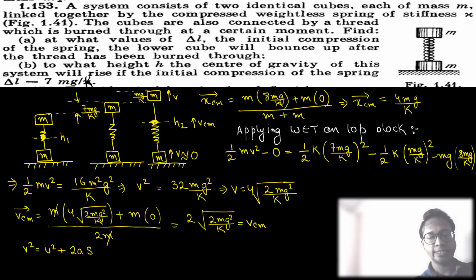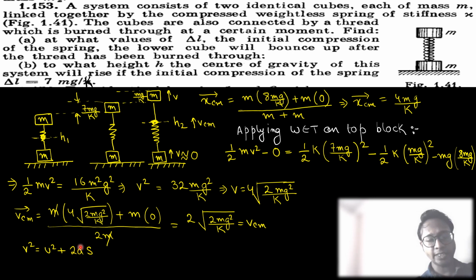S is the height the center of mass rises from here. See, if I multiply this entire equation by half m, I get half m v square, half m u square, and half into 2as, where 2 and 2 get cancelled. So it would be mas.